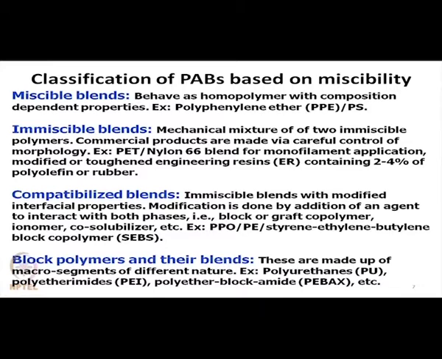and their properties are composition dependent. That means, the properties of the blend depend on the composition of the component polymers. That means, whether the property available is dependent on a 70-30 basis, one component being 70 parts by weight or parts by volume, and the other component 30 parts by volume or parts by weight.